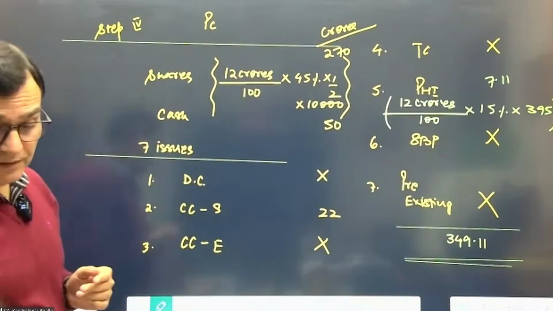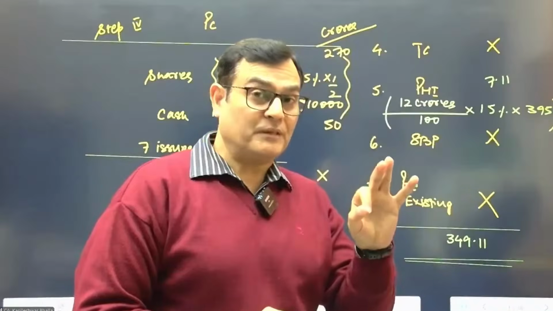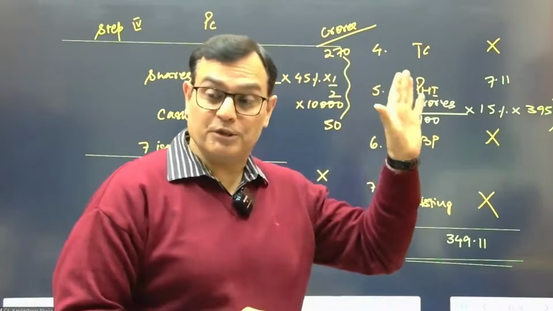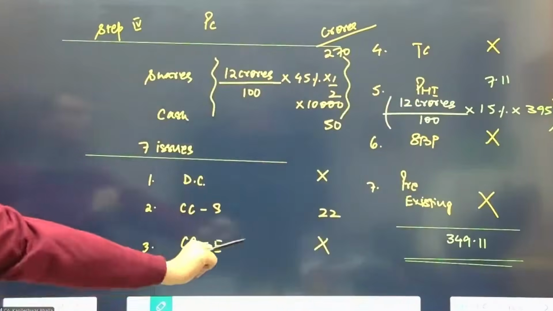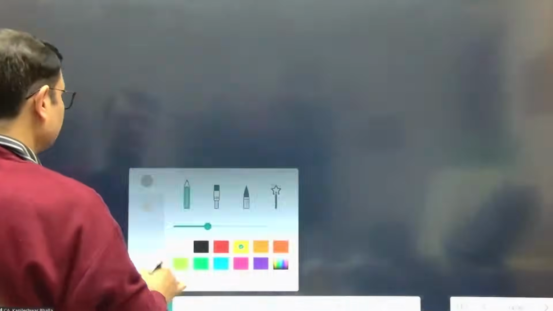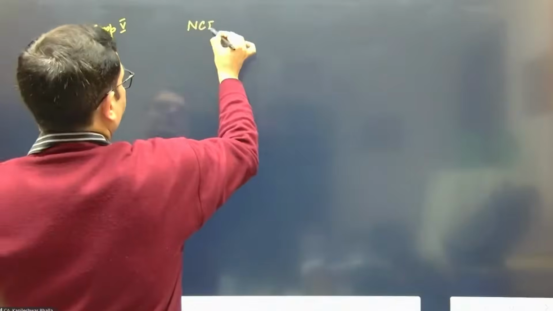So I think this takes care of step number 4 as well. The main crucial steps, step 3B organizing the net assets and organizing the purchase consideration, are done. Now we go to step number 5, but there's still a lot to go in this question. In step 5, we need NCI.